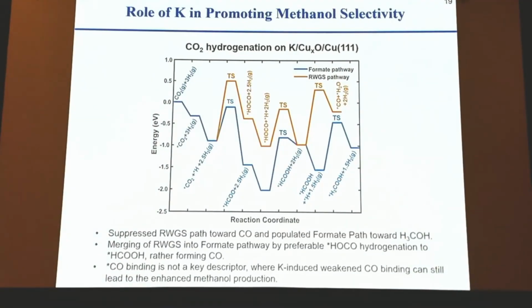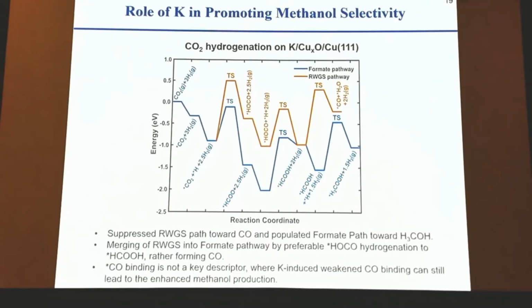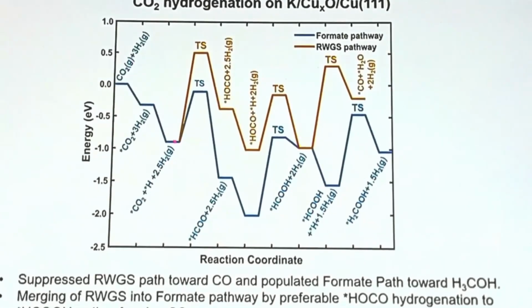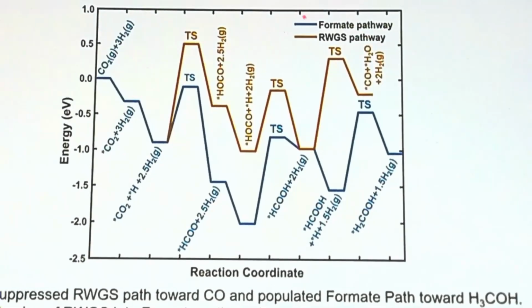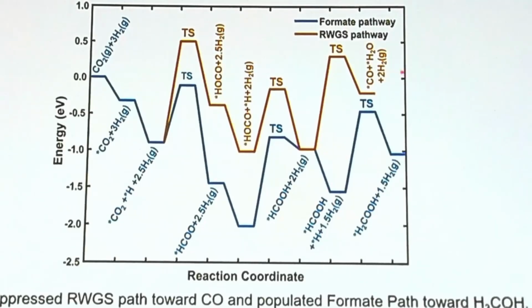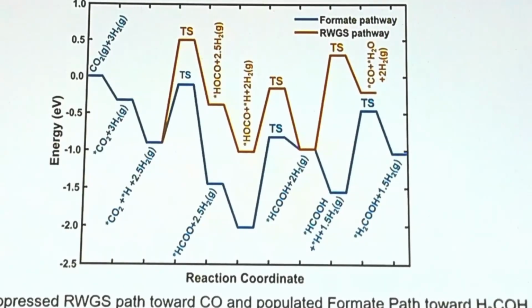And why is that? Well, because with theory we finally find out what the promoting effect is. So here I show you the potential energy comparison between the formate pathway and the reverse water-gas shift pathway. First thing is that because of the presence of potassium on the surface, you can see that the formate pathway is more populated than the reverse water-gas shift pathway.